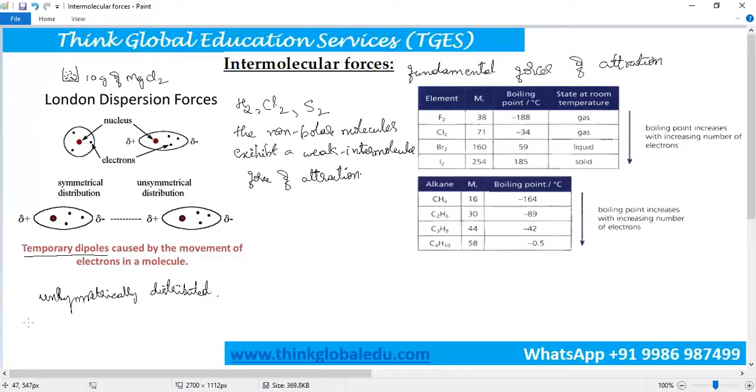These London dispersion forces are the attractive forces that cause nonpolar molecules such as nitrogen, halogens, the gaseous substances, to exhibit properties such as condensation, condense to liquids, and freeze into solids at lower temperature.